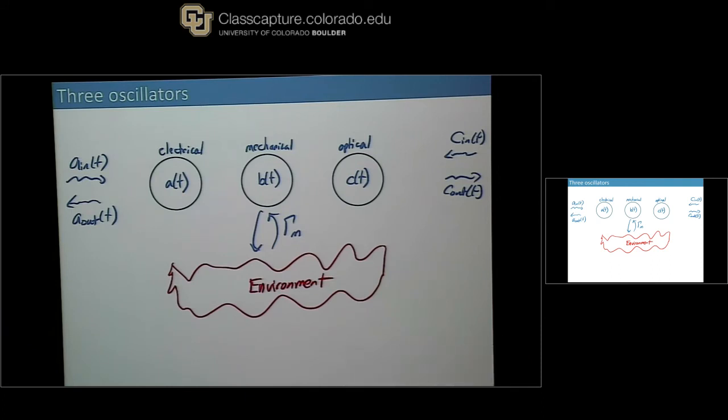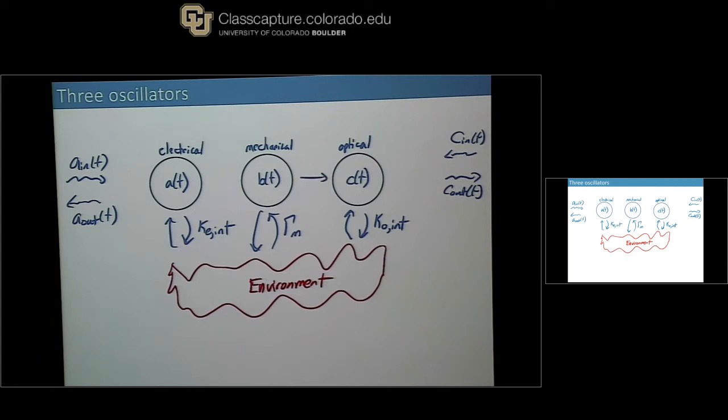We think of all of that information that leaks out goes to the environment, unless it's coupled to the electrical or optical mode. And then we would describe the coupling to the environment for the optical mode as this kappa O internal, right, the internal part of that kappa. And then we have kappa E internal over here.